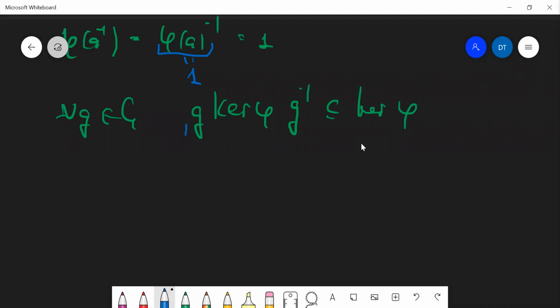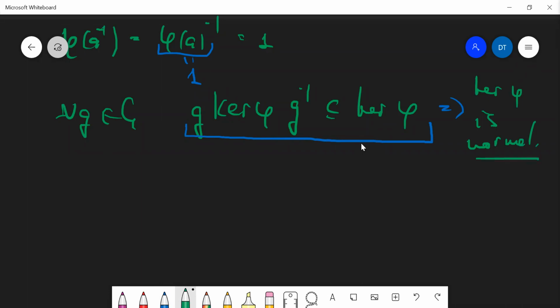So if we prove this, then it follows that the kernel is a normal subgroup by one of the properties from the previous lecture.